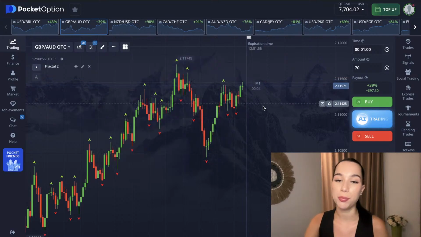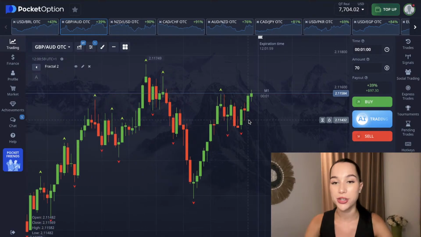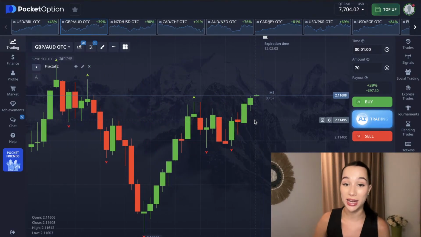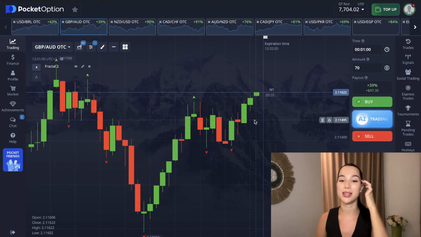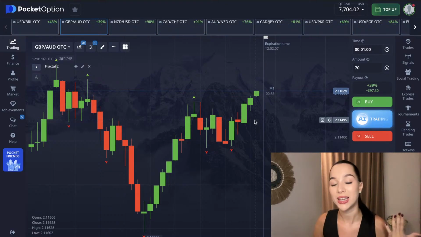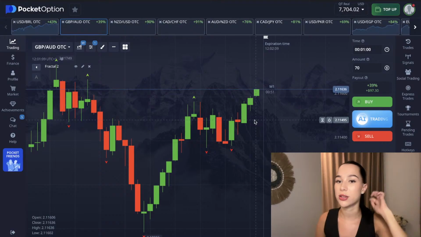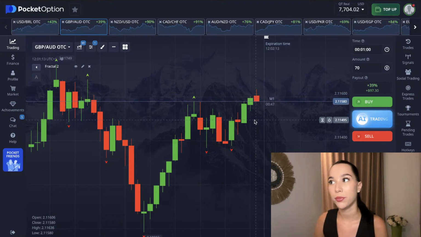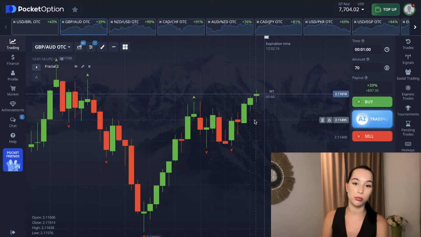So for example, a lot of beginners try the fractal indicator, and actually it's not that bad, but sometimes it's not working that good, and sometimes you get a signal too late, and that's how it will not help you.